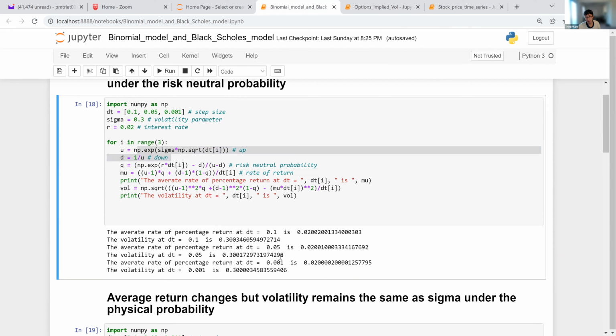Now you can use this parameterization to find the implied volatility using the data from Yahoo Finance. That'll be the homework for this week. Any questions? If not, I'll see you next week. Thank you.